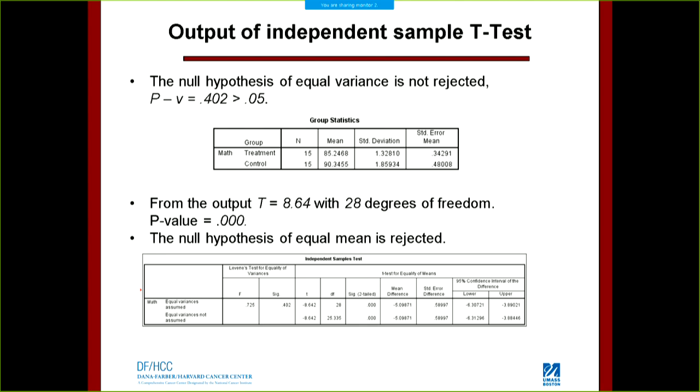Here is the test statistic, with 28 degrees of freedom and a small p-value, so the null hypothesis is rejected, which means there is a significant difference between those two groups. Again, we mentioned that we may want to check the distribution of the outcome variable.